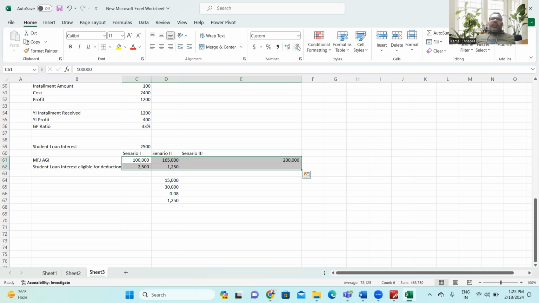Then calculate, per dollar increase in income, how many cents or dollars is the phase out, and then multiply it by the actual amount of change. This will definitely come in your exam, so you should be very careful about this calculation.